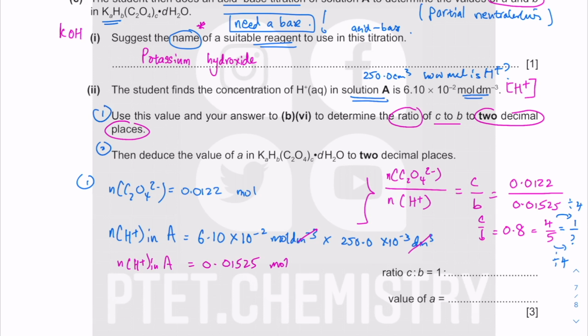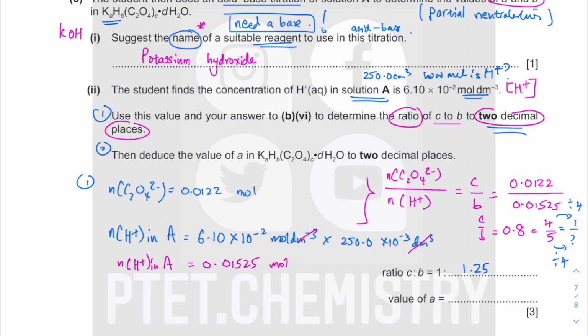So 5 divided by 4 is going to give me 1.25. And they want it to 2 decimal places. So 1 to 1.25 is the same as 4 to 5, which is the same as C over B. I only give it as 1.25 here because they purposely want the C to be 1 on top.